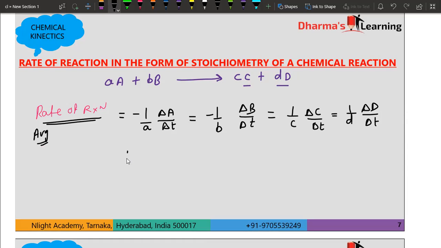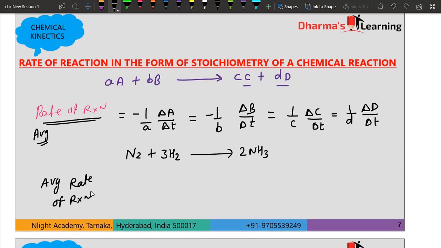Now, just now we discussed this reaction, N2 plus 3H2 gives 2NH3. If I have to write the average rate of reaction, previously we discussed the rate of disappearance with respect to a particular reactant, and the rate of appearance with respect to a particular product. Now this is the average rate, which can be written in the form of any reactant or product.